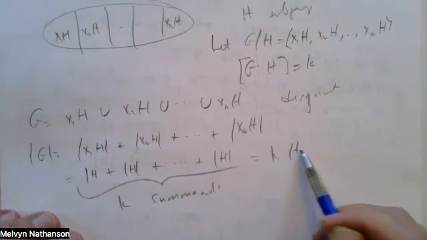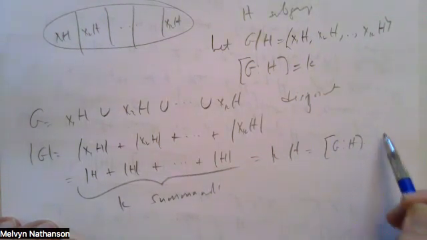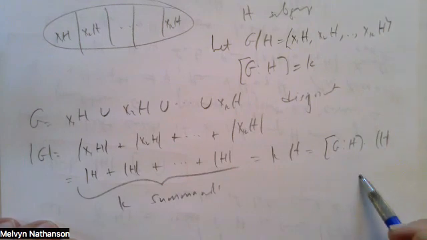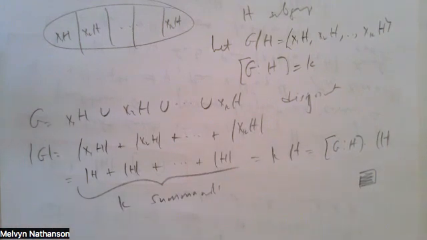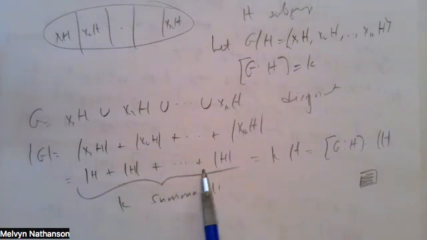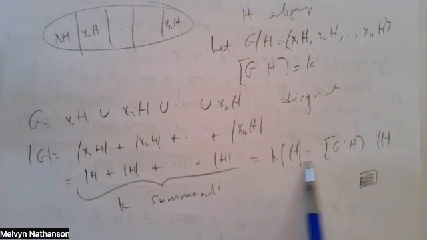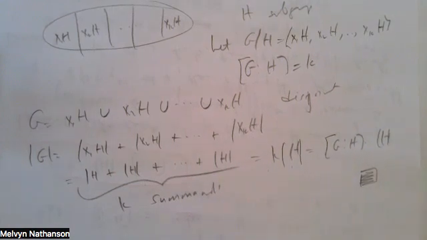So this is k times the cardinality of H, which is the index of H in G times the cardinality of H. And that's the whole proof. It is k times cardinality of H, right? Yes. Because I have k left cosets. Each of them has size cardinality of H. So k times cardinality of H. And k is the index.